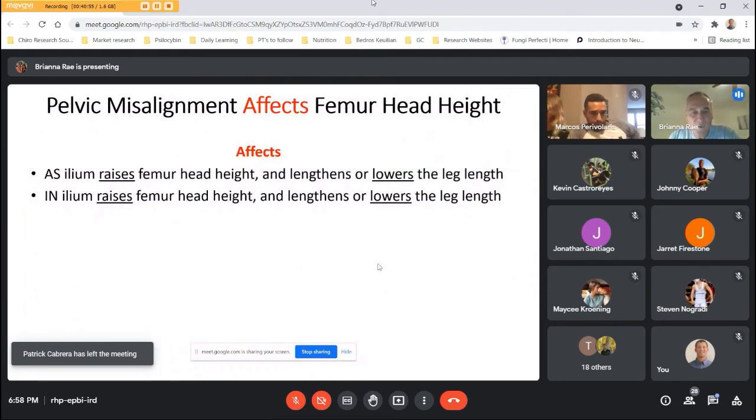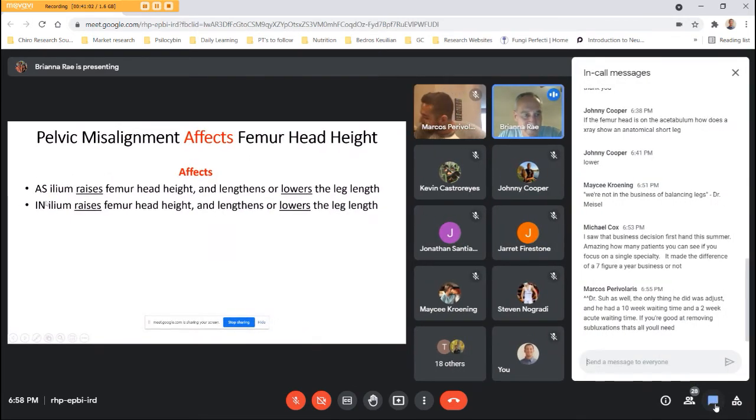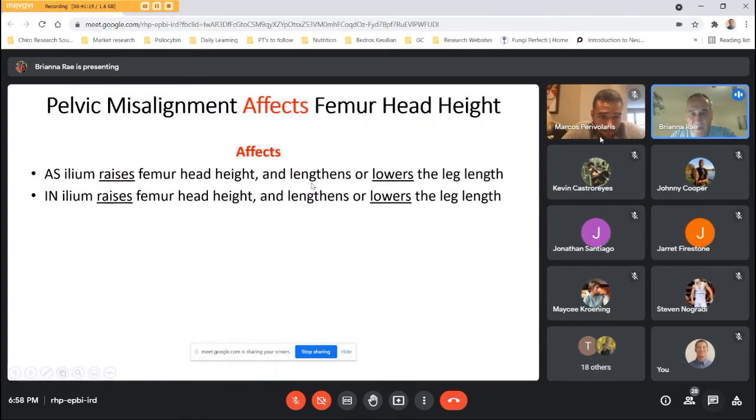All right, so let's get back to what misalignments do to the femur head. So we said an AS ilium and an IN ilium, if they were together, they'd be married. So by themselves, they do the same thing. They raise the femur head. And then at the same time, because of the angles, as the femur head goes up, the length of the leg gets longer.